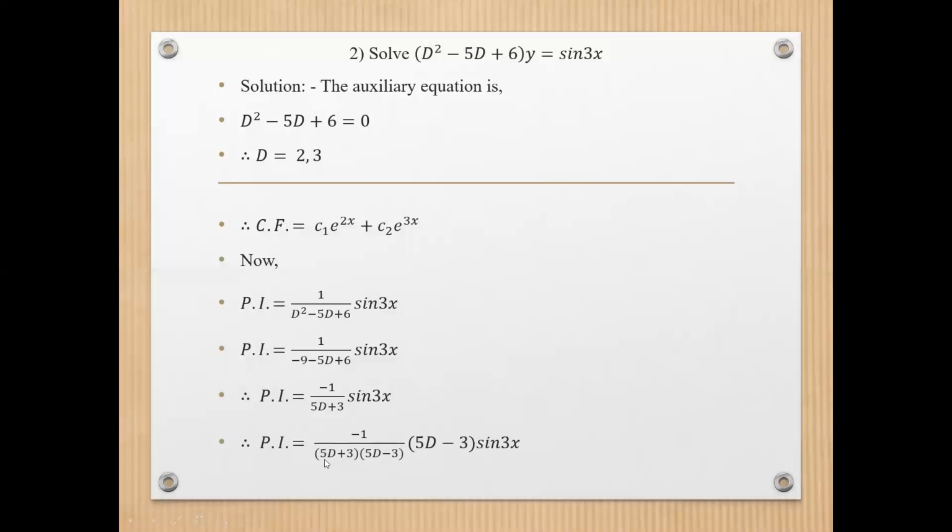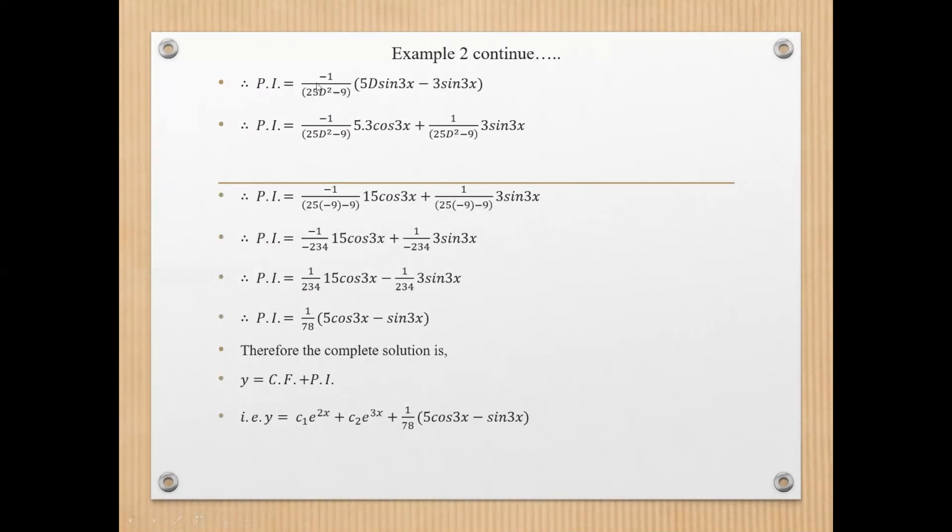This is the formula we will use here: a plus b times a minus b is nothing but a square minus b square. Here a is 5D and b is 3. So we get 5D bracket square minus 3 square. Here 5D bracket square is nothing but 25D square, minus 3 square, nothing but 9.